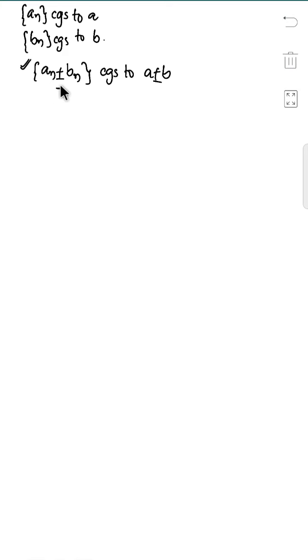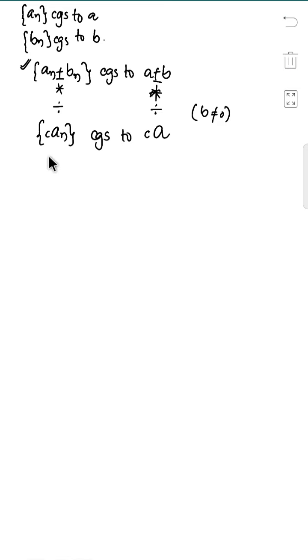Same goes with multiplication also, a_n into b_n converges to a into b. Same with division also, where you specify that b is not equal to 0. c into a_n, where c is another constant, converges to c into a.